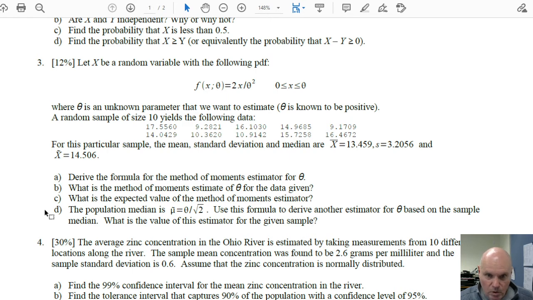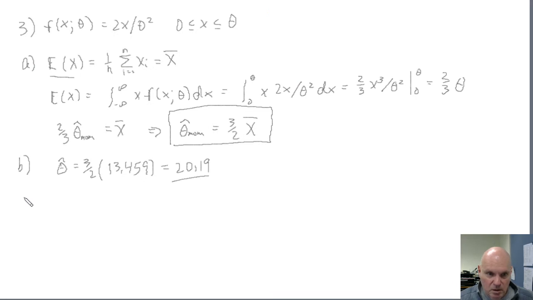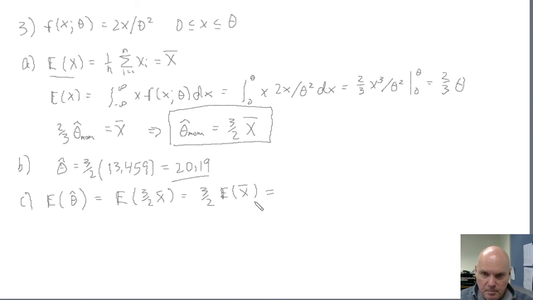Part C: what is the expected value of the method of moments estimator? So here we're asking for E of theta hat. That's the expected value of 3/2 x bar, and using the properties of expected value, I pull out the constant. We looked at the distribution of the sample mean, I think at the end of chapter 5.